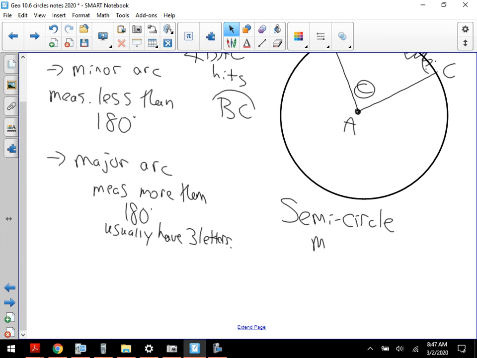It's when it measures 180 degrees. When the arc is 180 degrees. What segment makes a semicircle in a circle? What's that called? The diameter. The diameter creates a semicircle because it goes edge to edge through the center.